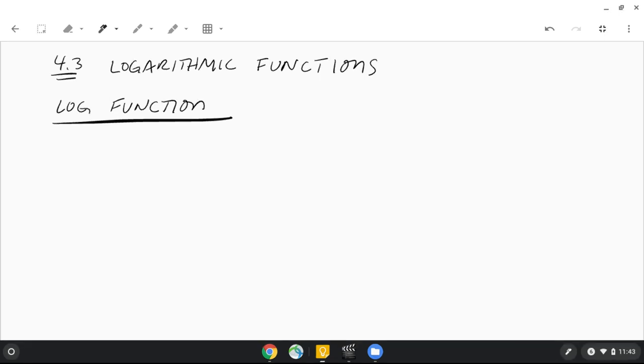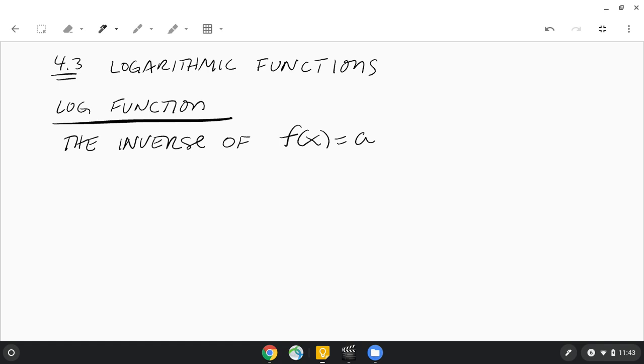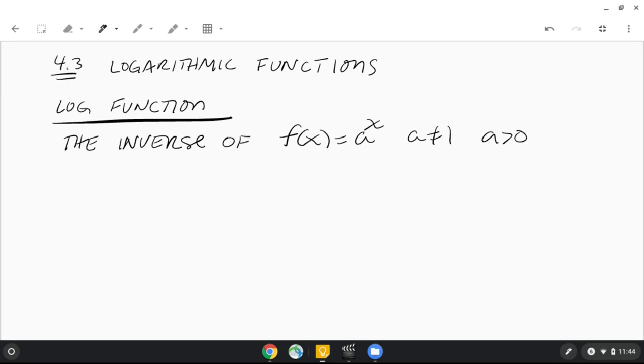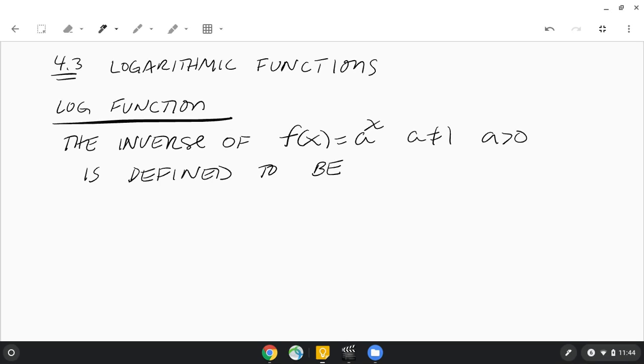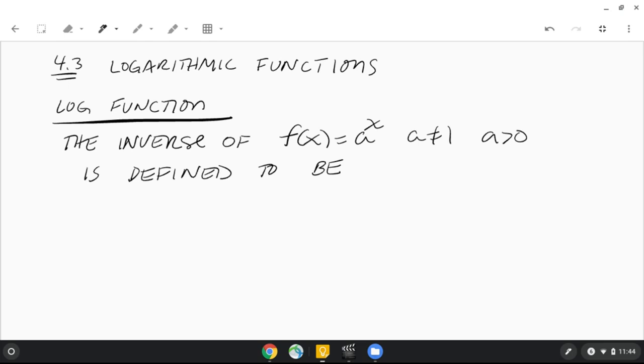Okay, so it turns out that the inverse of f of x, which equals a to the x, and of course a is not 1, a is greater than 0, is defined to be y equals log base a of x.